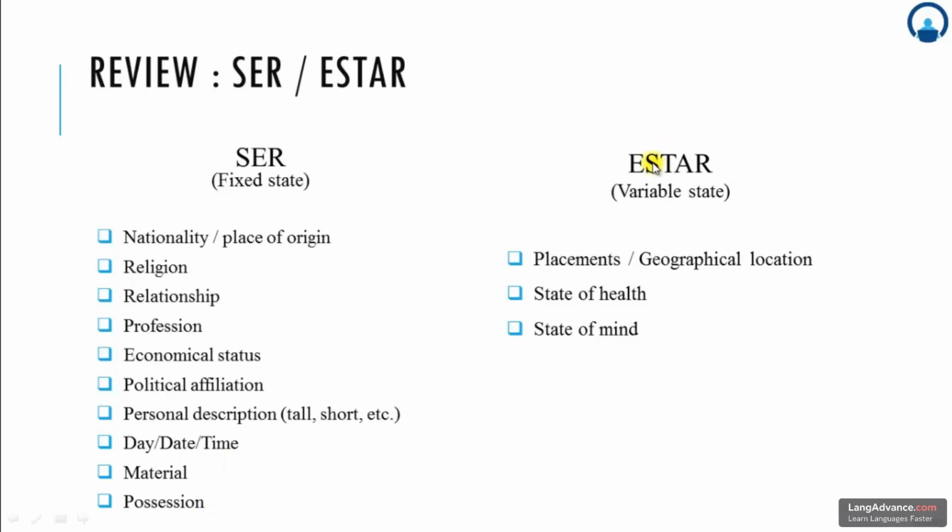An estar verb is used when the condition is variable, such as the placements or geographical location, state of health or state of mind. Now these are the general categories where it is classified where to use the ser verb and where to use the estar verb. To get it more clear, we'll see a few examples on it.